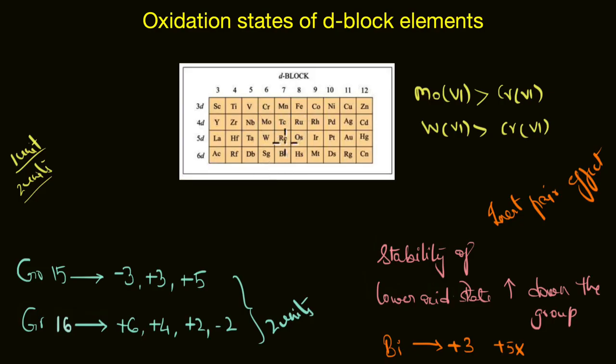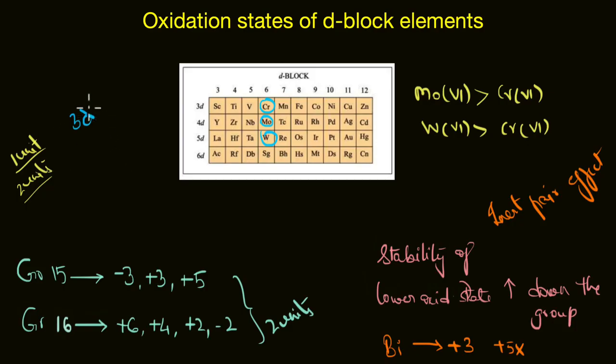A highly simplistic explanation for this could be that the 3d orbitals, and chromium is a 3d series element, right, are smaller and more compact and also closer to the nucleus than 4d and 5d. So this means that 3d electrons experience greater nuclear attraction as compared to the ones in 4d and 5d orbitals.